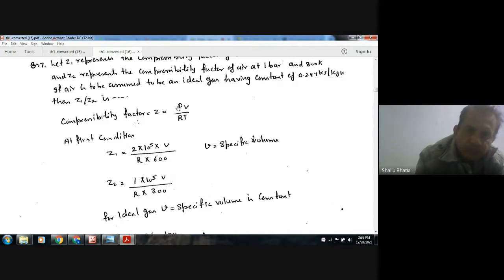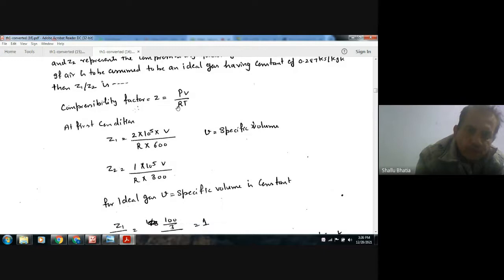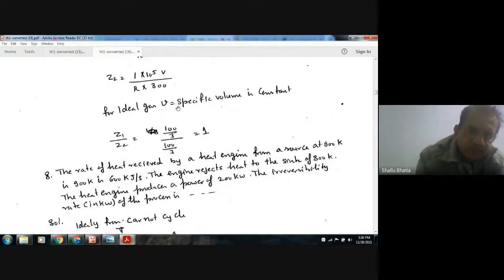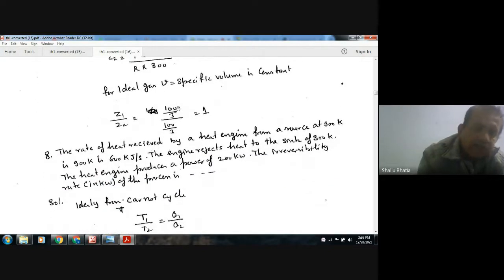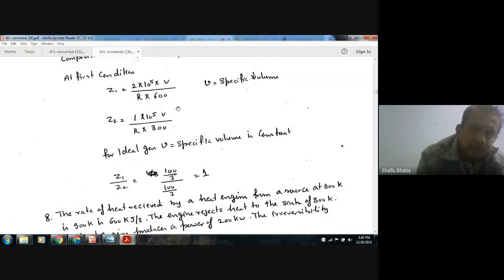Specific volume is constant for an ideal gas. That is the definition of an ideal gas.